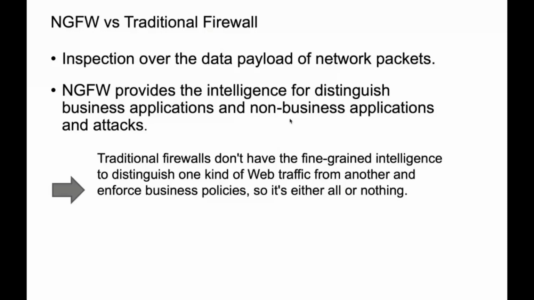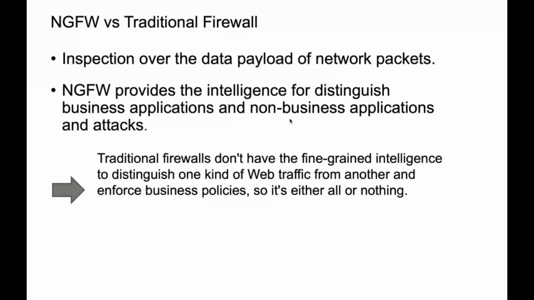When the server responds and sends the traffic back to my computer, if there was a previously established session and this traffic is part of the session that we created, it will be automatically allowed without needing to inspect all returning traffic. That's the main difference between a next generation firewall and a traditional firewall.